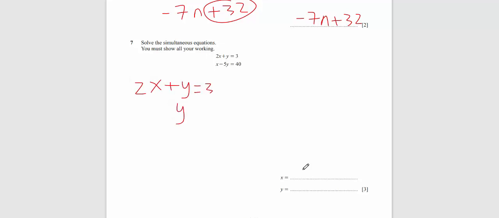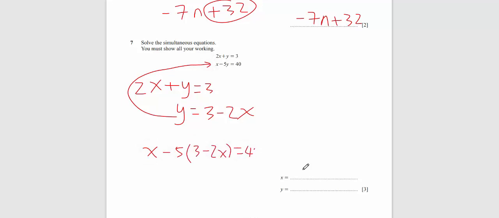To substitute, you need to make one of the equations have y as the subject or x as the subject. In this case, you can make y the subject because it's a lot simpler. So we have 3 minus 2x. After we get this, we can substitute this y into the second equation. Then we have x minus 15 plus 10x is equal to 40.